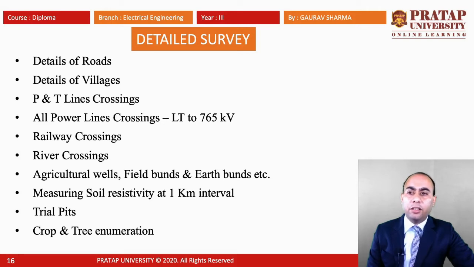We have to consider these points because we have to take prior permission to erect a line. When there is a railway crossing, we have to take prior permission from the railway department. If there is a river, we have to take prior permission from the concerned department.